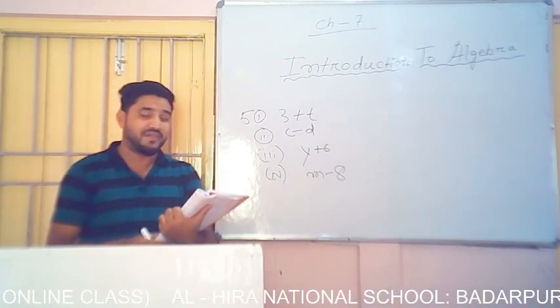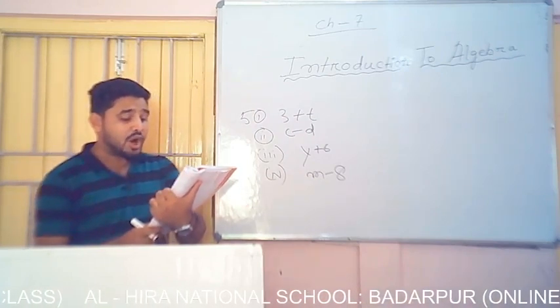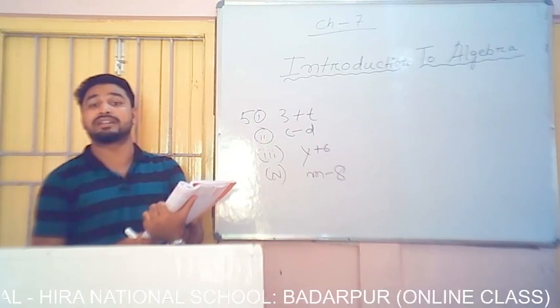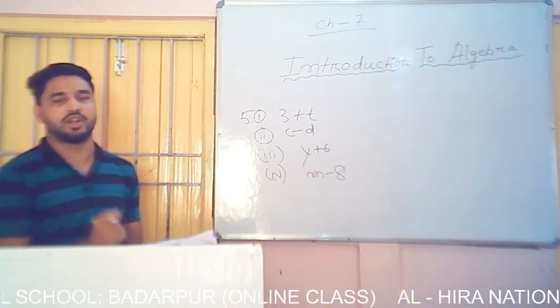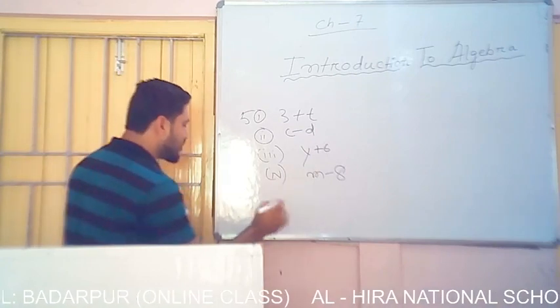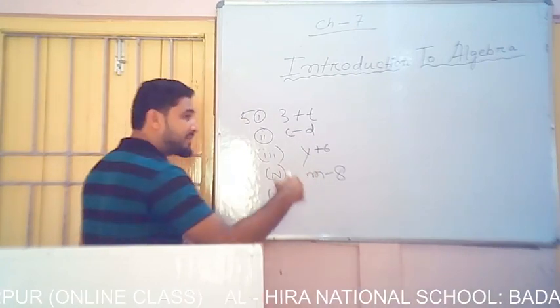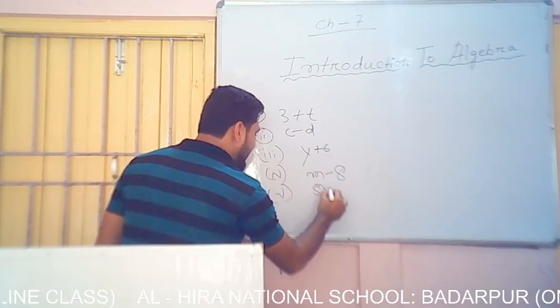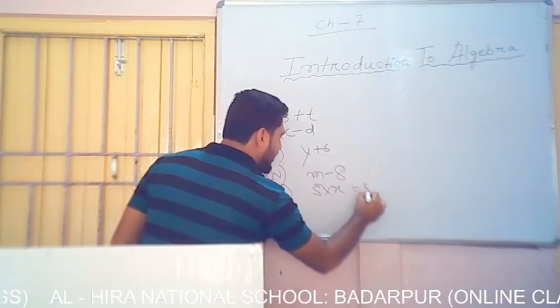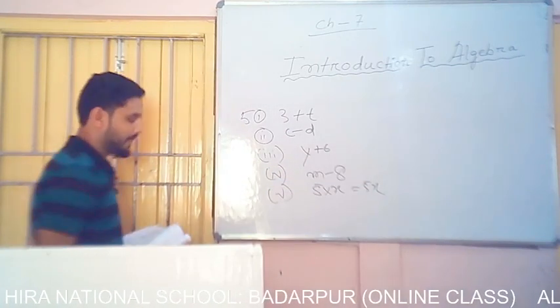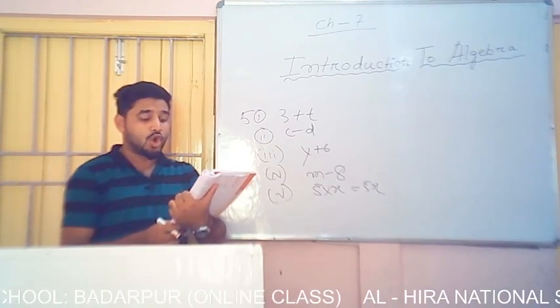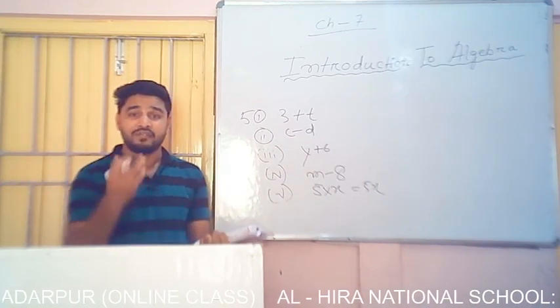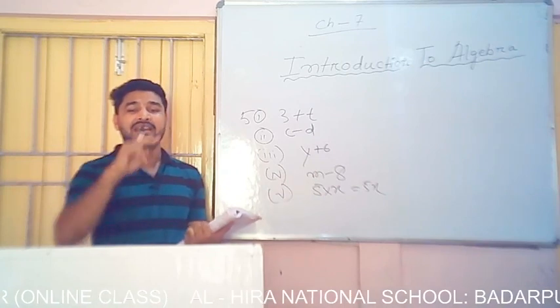Now come to question number 5. 5 times of x. If we get the word times, then we should use multiplication. So 5 times of x means 5 into x. We can write 5x. Now come to question number 6. 1/2 of x. Of also means multiplication.